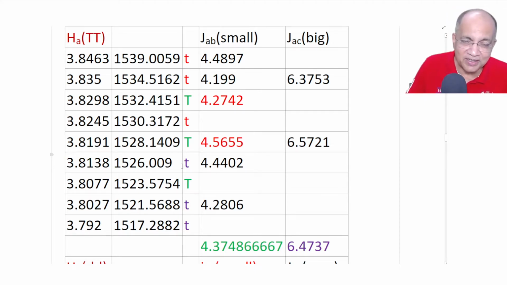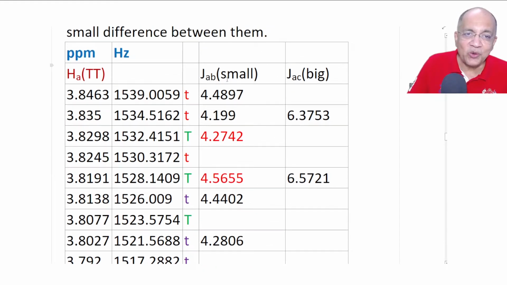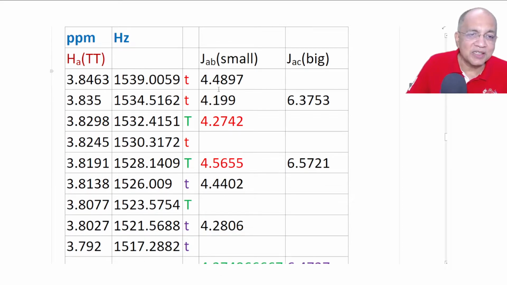The first line is here, and the last line of the middle triplet is here, and the last 2 lines is here.